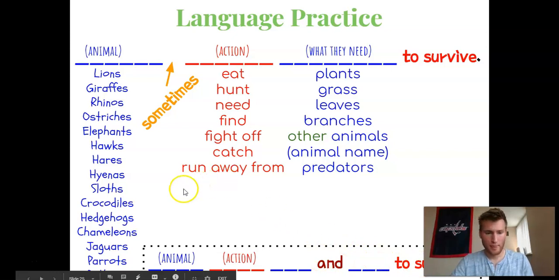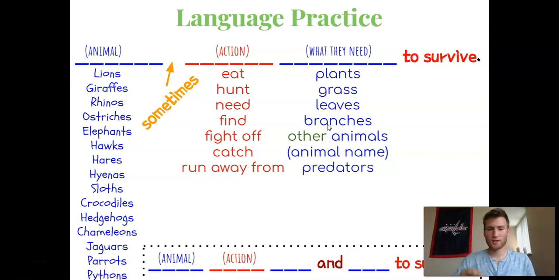Your turn. Nuts, leaves. Notice how I used nuts and leaves and they're not up here? You can use food names and animal names that you know in your head to talk about what animals need to survive. I'm going to do one more and then you're going to have a chance to go.